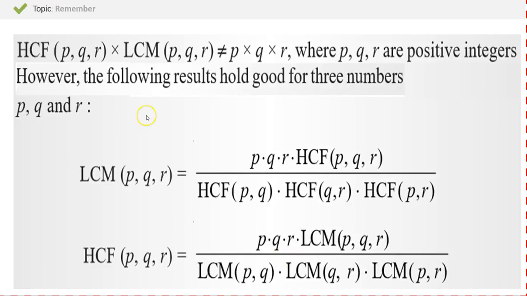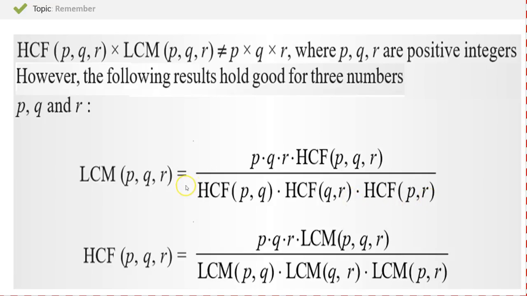However, you should also remember, for three positive integers P, Q, R, the HCF multiplied with the LCM is not equal to the product of the integers, but we can use a formula where the LCM of three numbers is equal to the product of the three numbers multiplied by the HCF of the three numbers, divided by the product of the two-number combinations. So it's the product of P and Q, then Q and R, and then R and P.